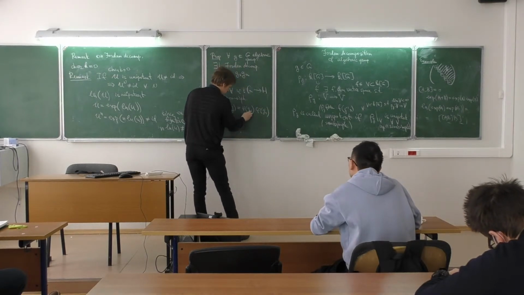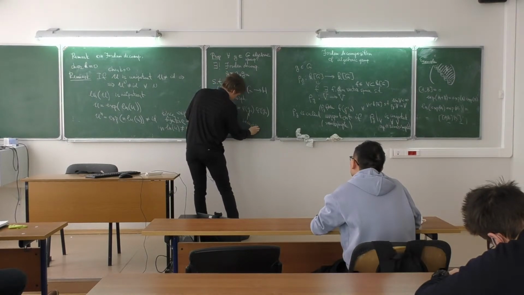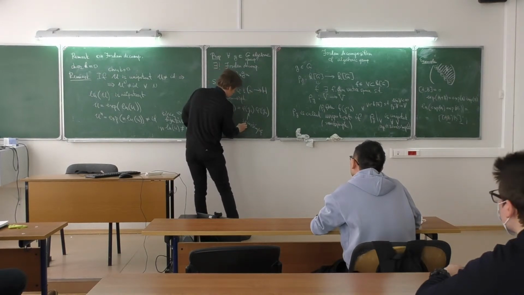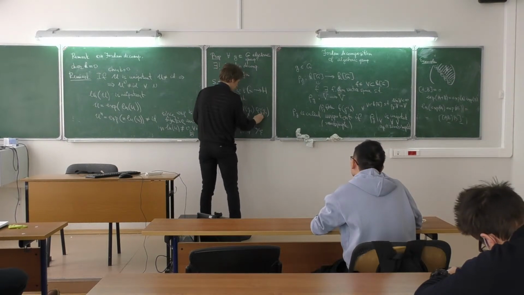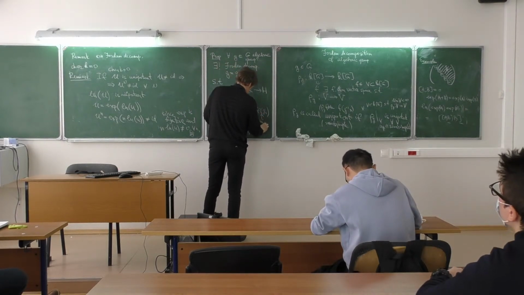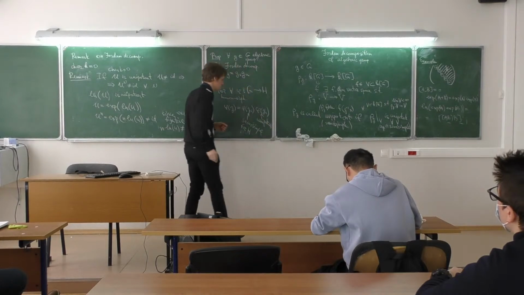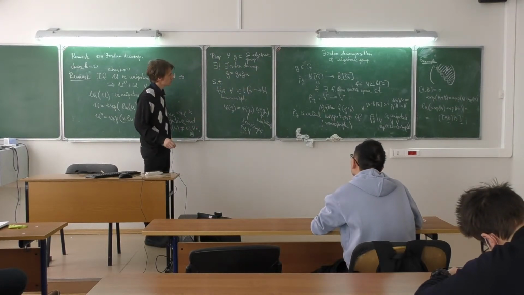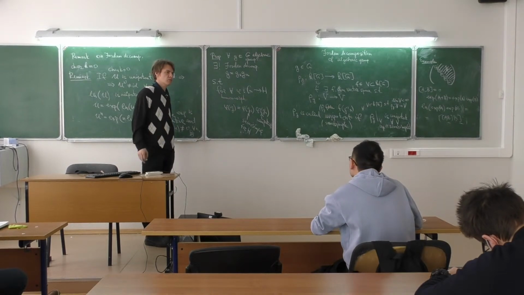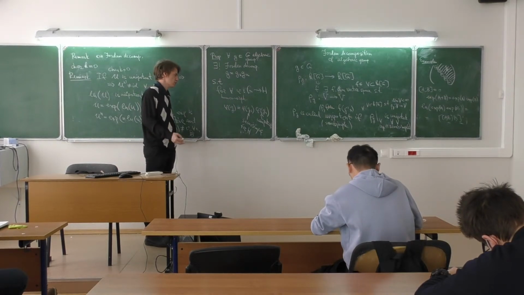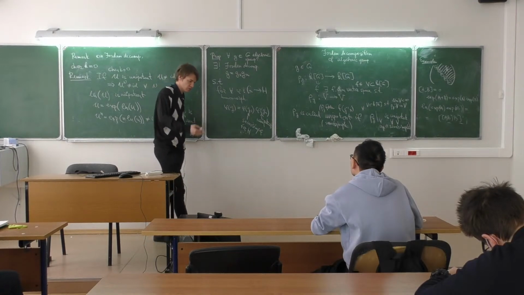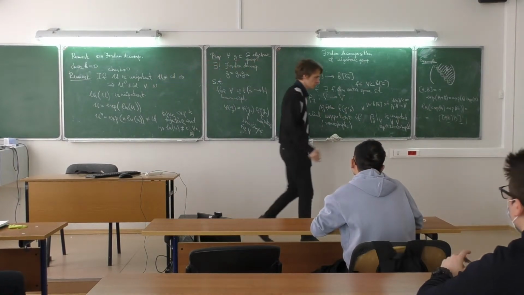So this is semi-simple for H, and this is unipotent. The Jordan decomposition is such that if we go inside another group, then semi-simple goes to semi-simple.